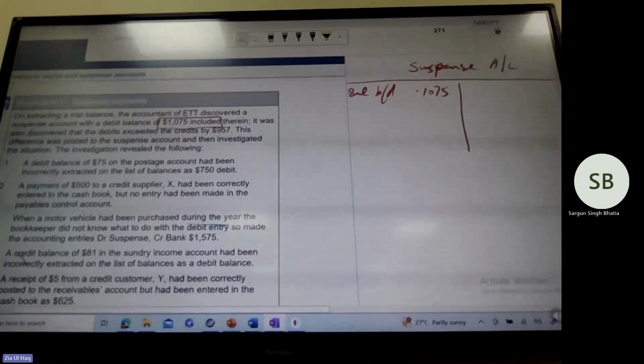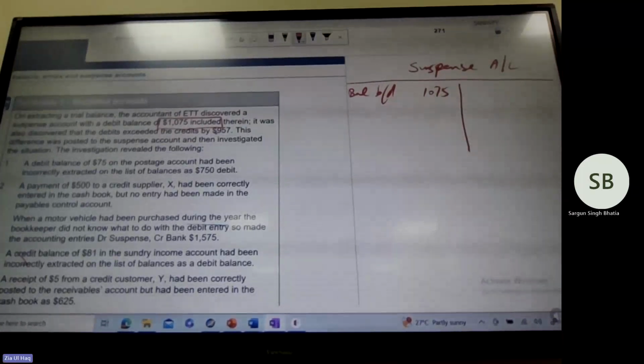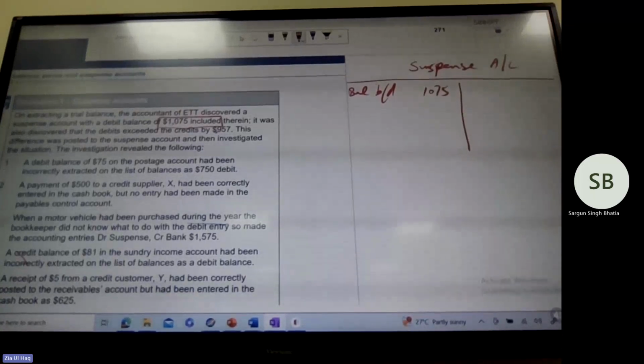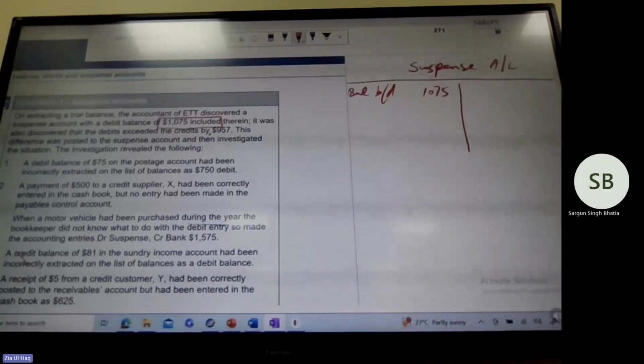It was also discovered that the debit exceeds the credit by 957. According to the trial balance, the debit side is more by 957 as compared to the credit side.